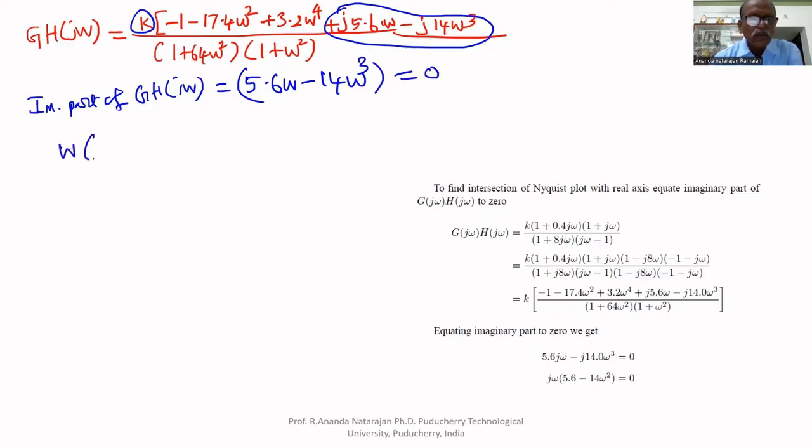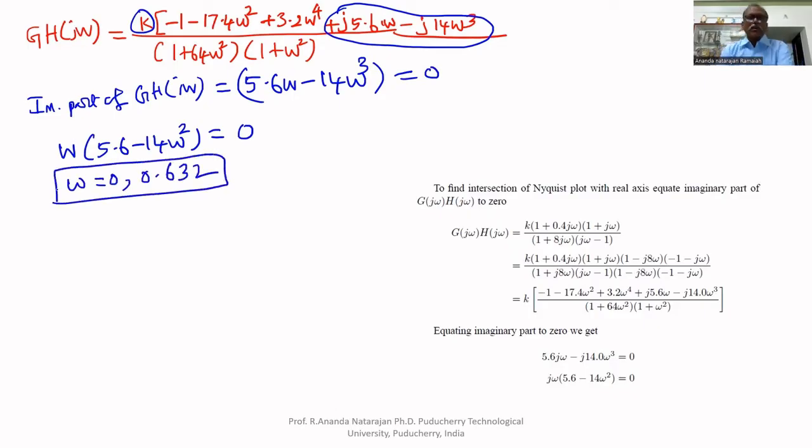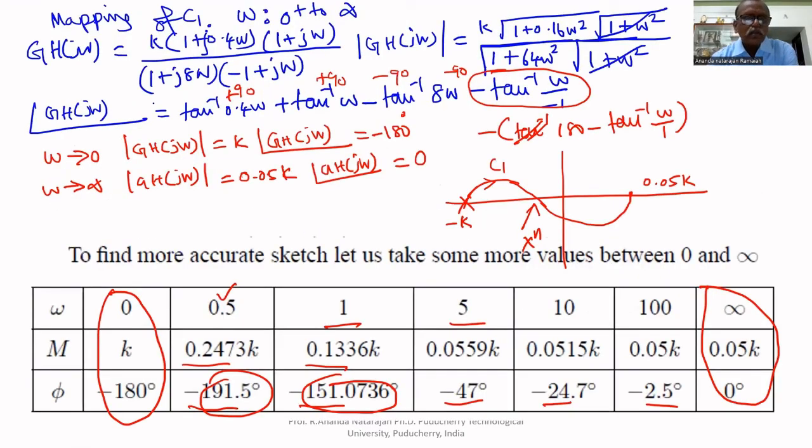Therefore, omega multiplied by (5.6 minus 14 omega squared) equals 0, so omega equals 0 or omega equals 0.632. These are the two values we are getting. For this value, we have to find the modulus of G H of j omega when omega equals 0.632.